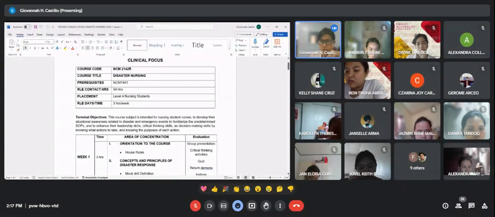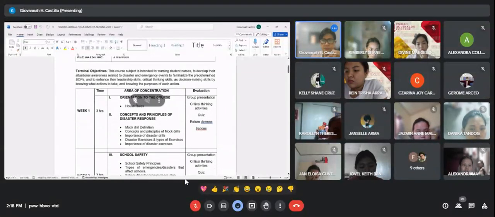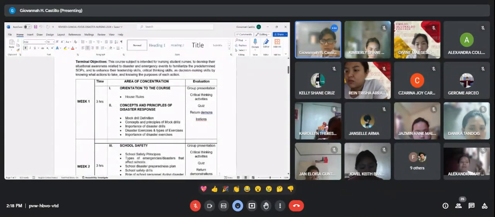For the first week, ang focus, first meeting is orientation to the course and the house rules. So, house rules, of course, this is RLE. Alam niyo na kung ano ang kailangan ninyong i-comply na mga requirements, with regards to your attendance. Of course, you have to have your daily time record once you are going to have your RLE for your disaster nursing.